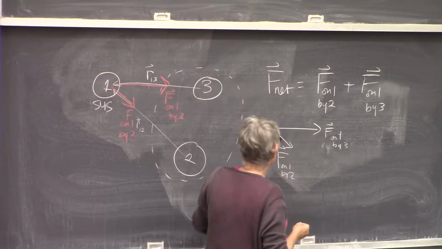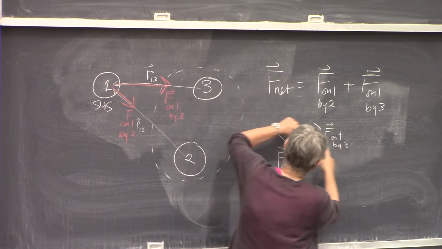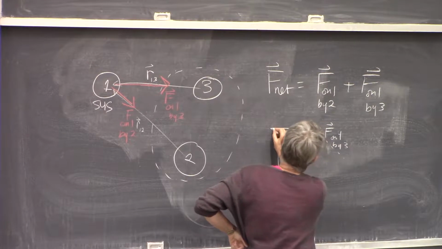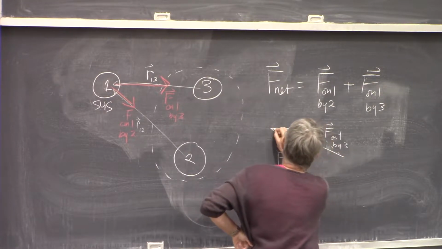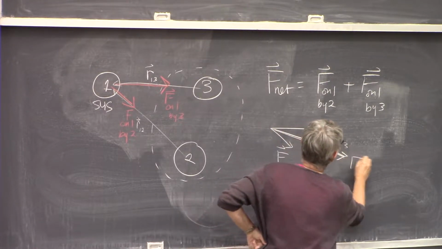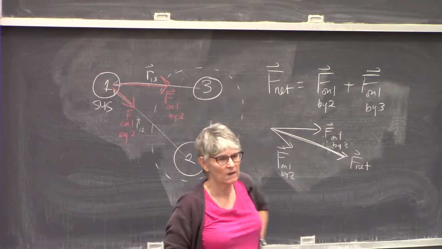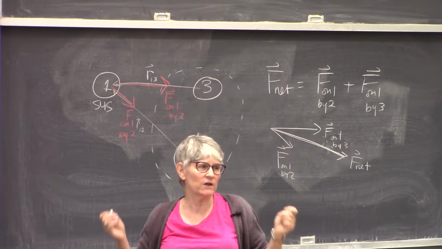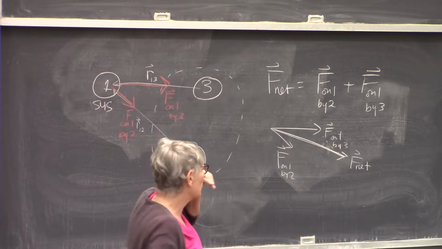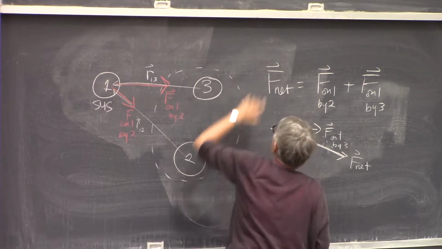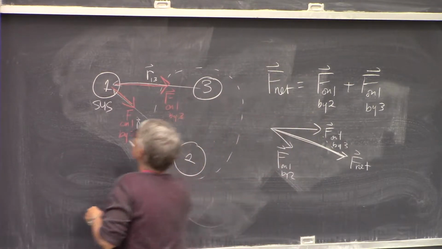And to add them, we're going to move this vector here and draw this sum. So that's a great question, and this actually has a name. It's called the Superposition Principle.